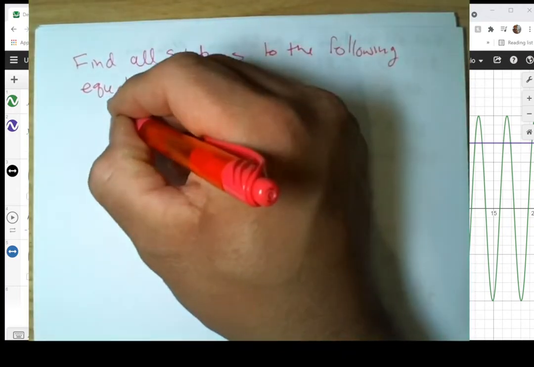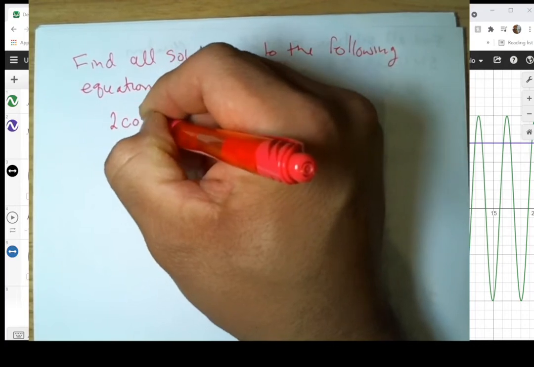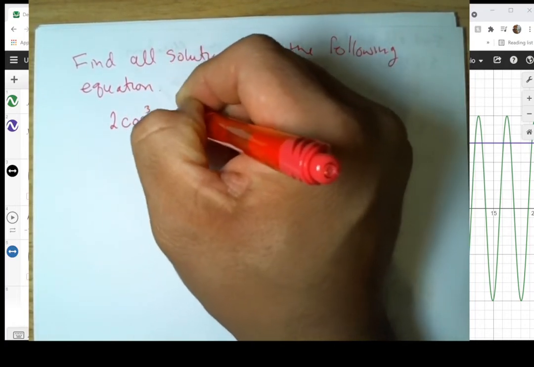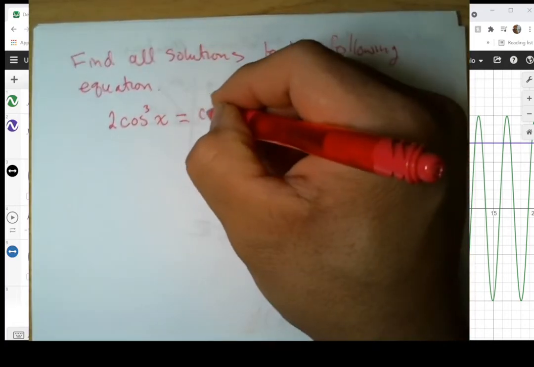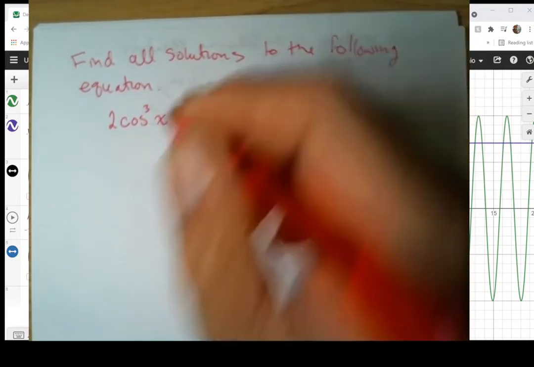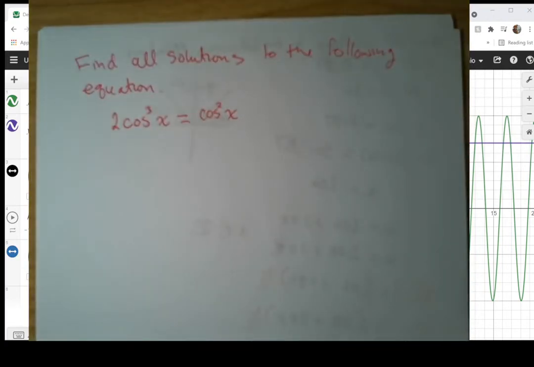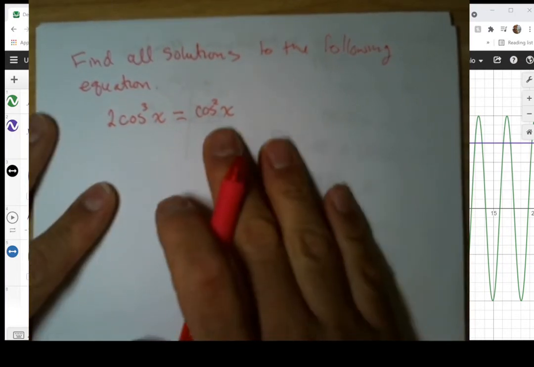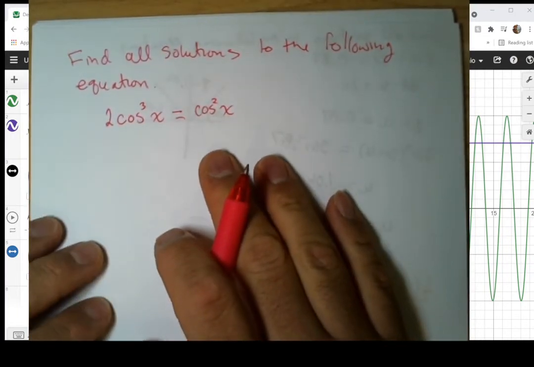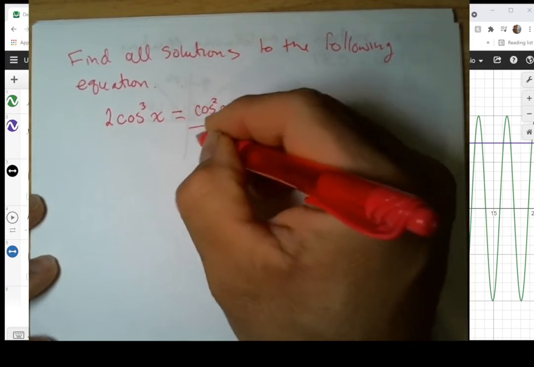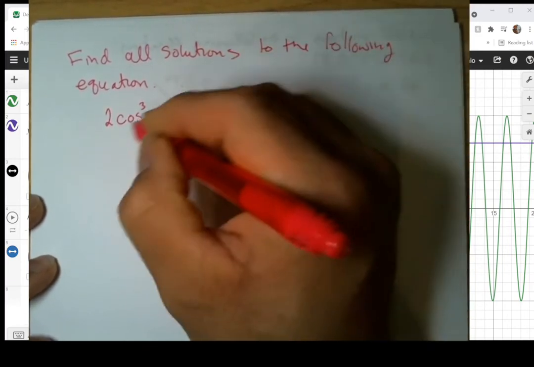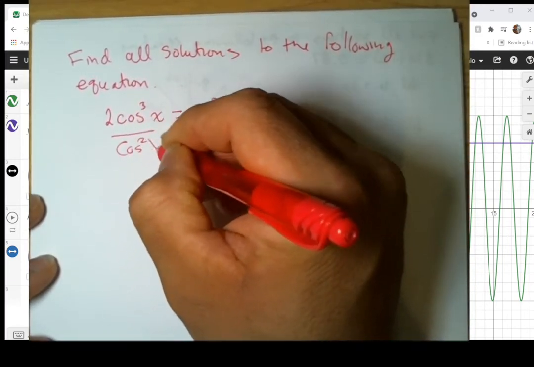Okay, so the equation is 2 cosine cubed x equals cosine squared x. Now a very common mistake that I see all the time is we say, okay, I can divide both sides by cosine squared x.